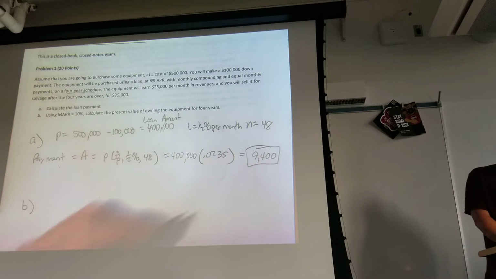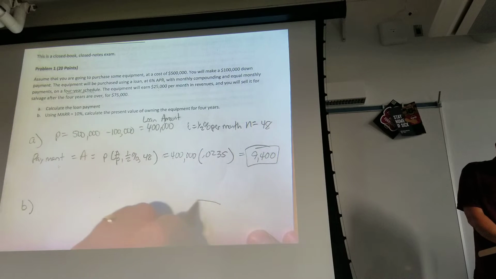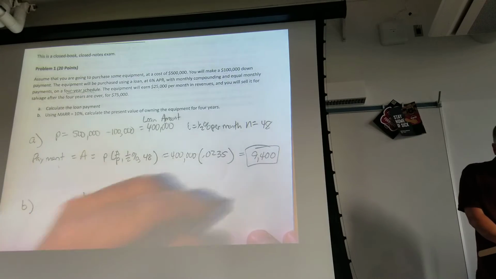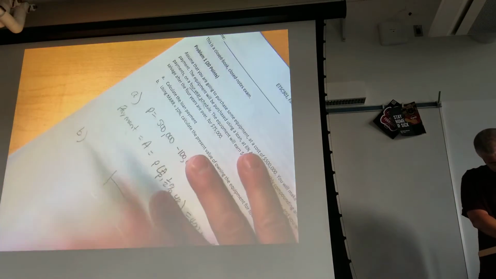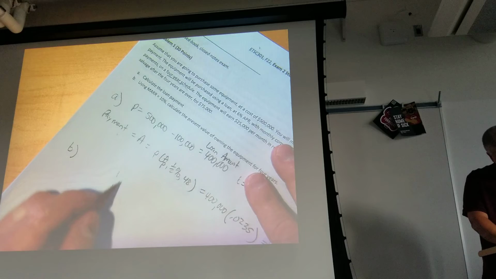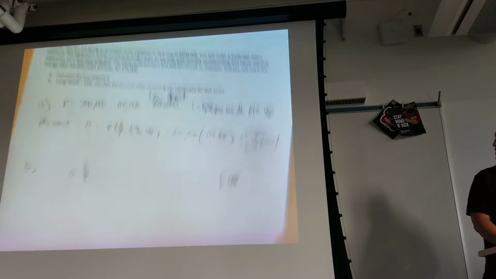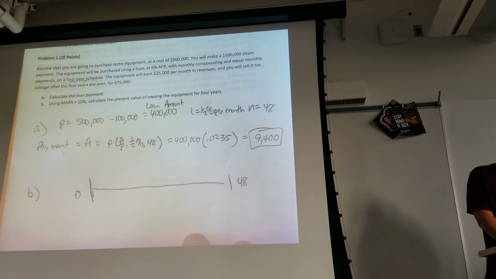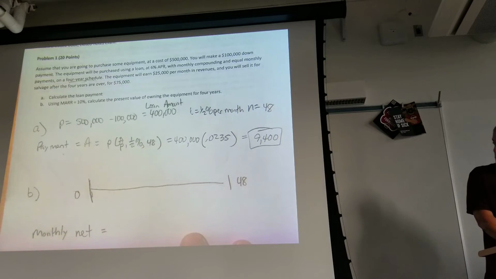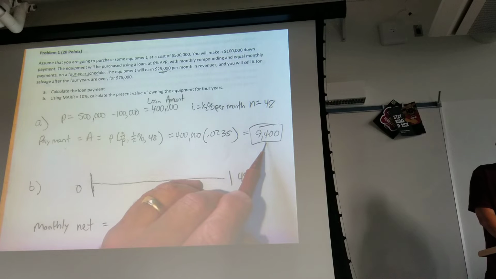So we have 4 years. It's not a very straight line, sorry. And we know that monthly net equals 25,000 minus 9,400.